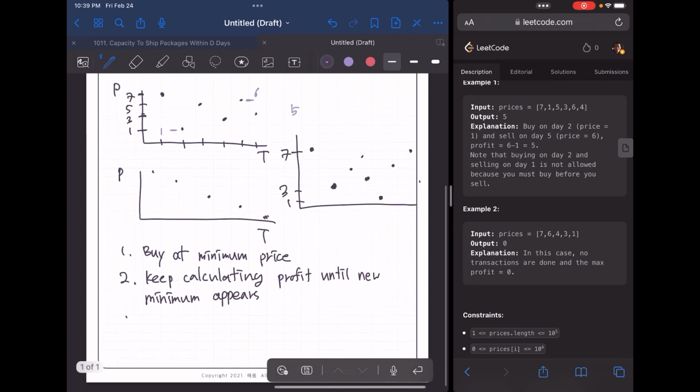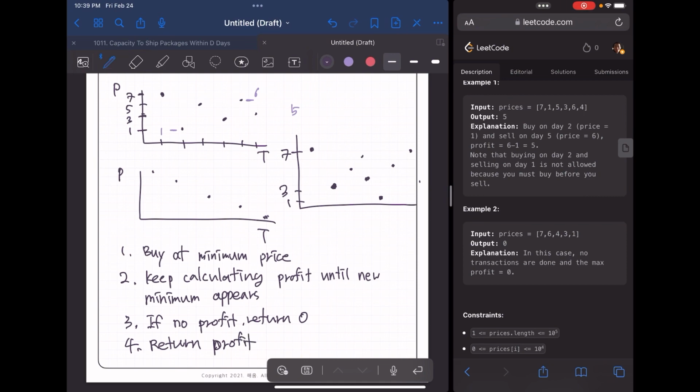Okay? So let's say if there is no minimum or no profit, return 0. Otherwise, return the max profit.